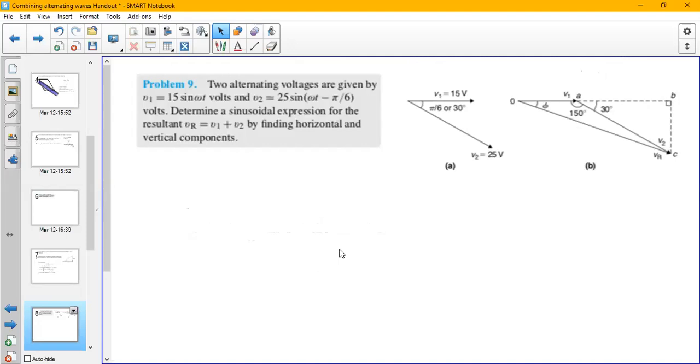If we take two alternating voltages given by V1 and V2, we've got 15 sine omega t, so that's this phasor here, and we've got 25 sine omega t minus pi over 6, so that's a negative angle, 25 long, pi over 6, which is equivalent to 30 degrees.